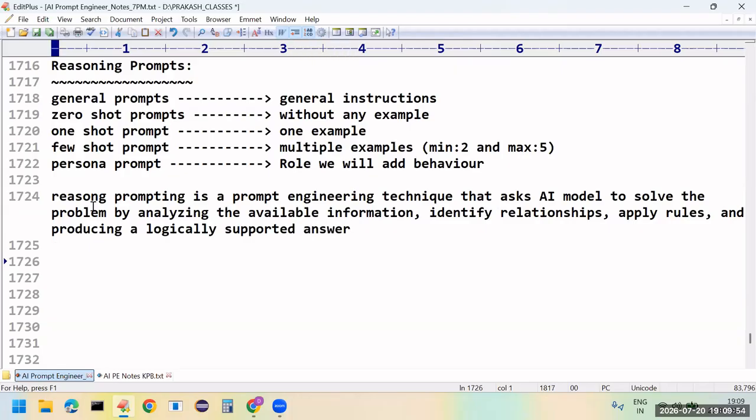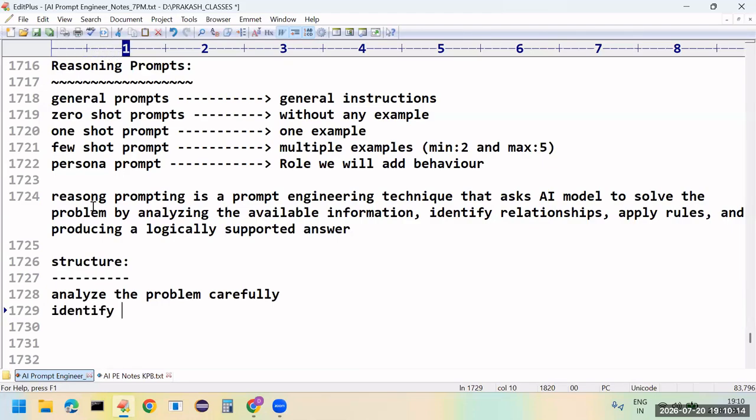If you want the structure of the reasoning prompt, what is the first step? Analyze the problem carefully. Whatever problem you have given, please analyze that carefully. After that, identify the important information. Don't skip any information.